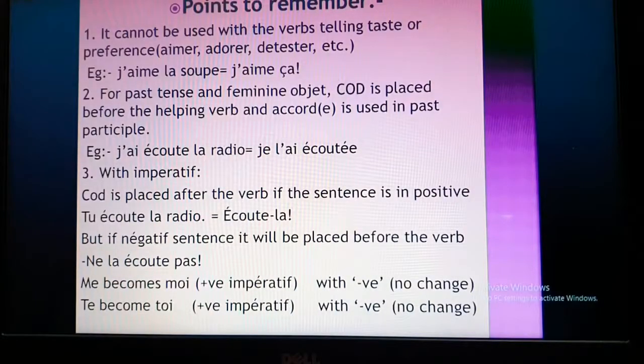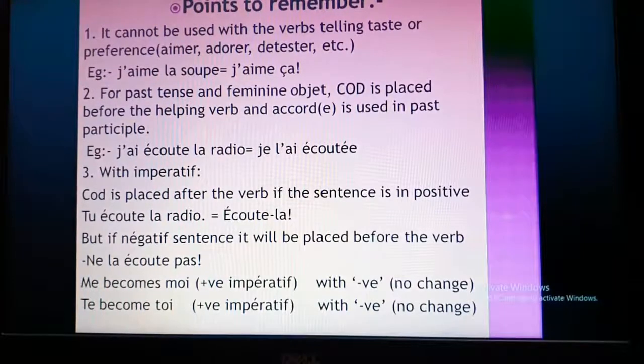Points to remember. It cannot be used with the verbs telling taste or preference like aimer, adorer, détester, etc. So aimer, to like, adorer, to adore, détester, to hate. We don't replace it by COD, we will replace it by ça, it.